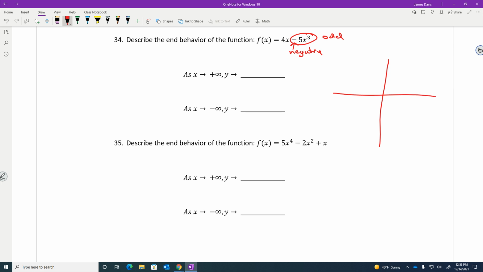So with end behavior, you could have an even positive, like 3x to the 4th. There's an even power and a positive lead coefficient, and that looks something like this. Both go up. You could have an even negative, maybe like negative 3x to the 4th, and both go down.